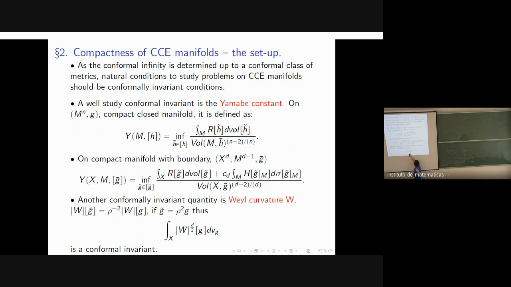That is, if we use g or g-theta to compute it, this term is the same. So in particular, on a four-manifold, I know the Weyl L2 norm is a conformal invariant. Those are the invariants we try to control.